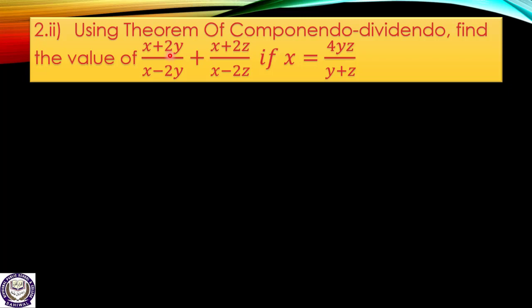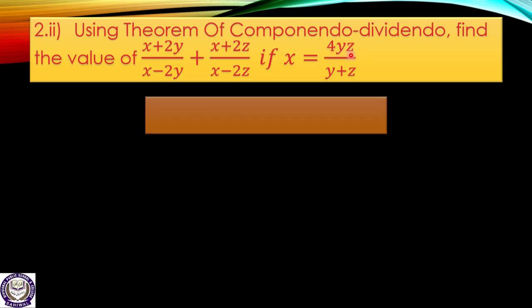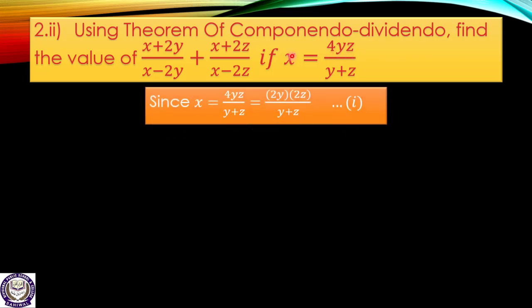Here the coefficient of y is 2. Here minus 2. The coefficient of z is 2 and the coefficient of z here is -2. So we have to convert this 4 into its factors to give 2y and 2z. For this, we break 4 into its factors, that is 2y and 2z.